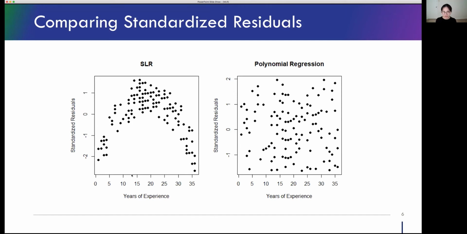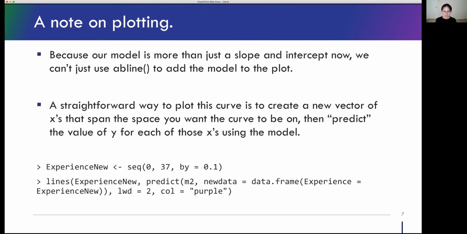In a comparison of the standardized residual patterns, comparing the simple linear regression with our polynomial regression, it's obvious that the one on the right has no pattern, and it looks good. So that's a comparison of our simple linear regression and our simple multiple linear regression model, which is a polynomial regression model.